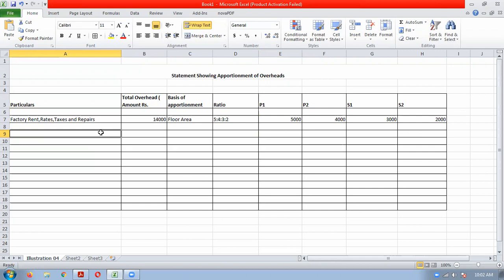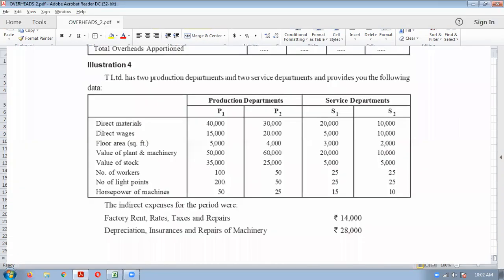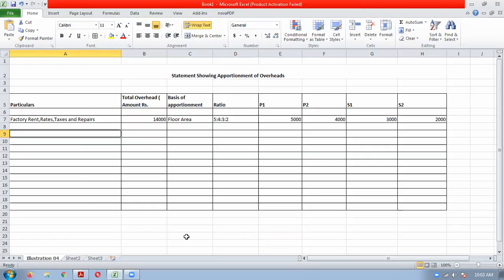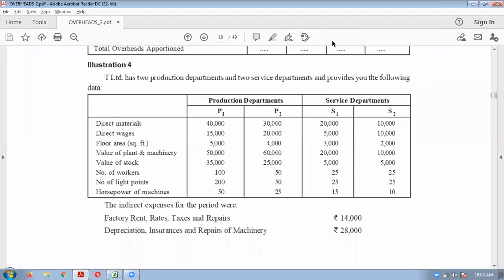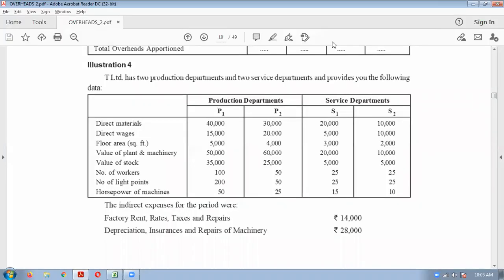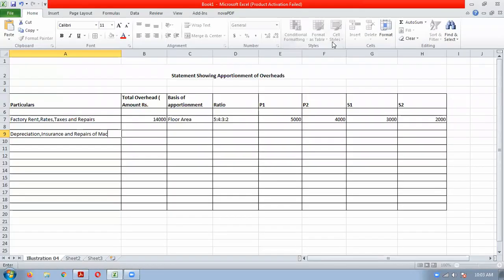Okay. Now, let us go to the next overhead: depreciation, insurance, and repairs of machinery.